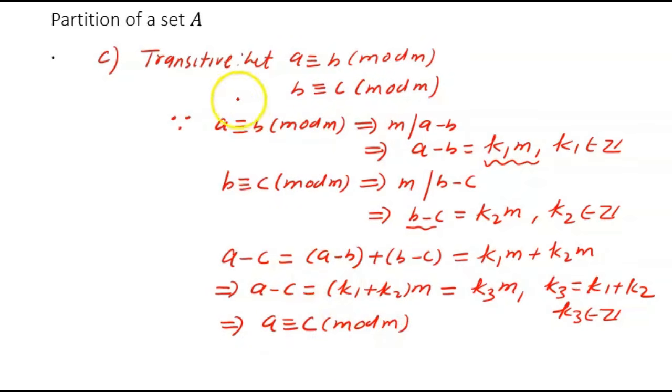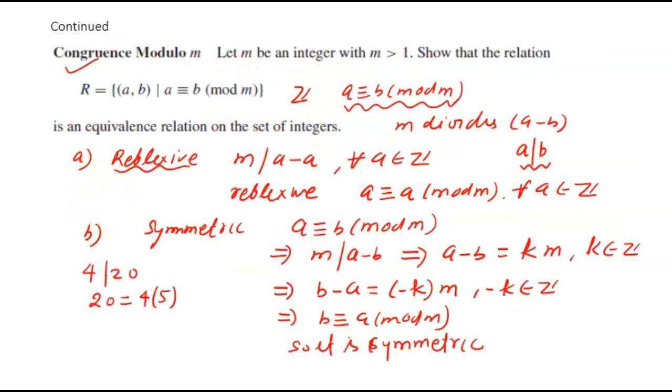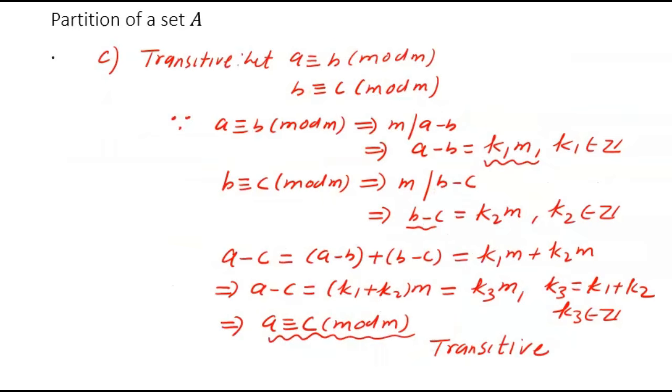So we have shown that if a is congruent to b modulo m and b is congruent to c modulo m, then a is also congruent to c modulo m. So this is the transitive property, meaning this relation satisfies the transitive property as well. We have seen on the previous page that it was reflexive and symmetric. Now we realize that it is transitive also.